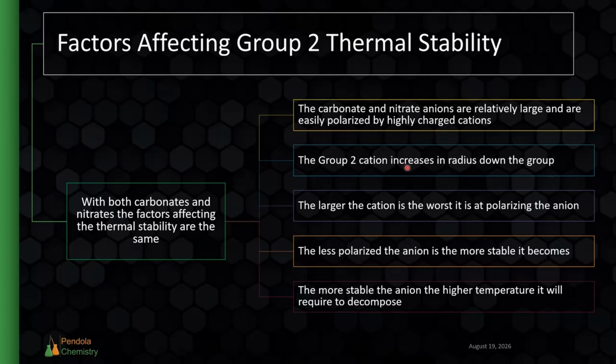The group 2 cations increase in radius as we go down the group, which is going to affect the polarizing power. The larger the cation is, the worse it is at polarizing the anion, the lower its polarizing power. The less polarized the anion is, the more stable it becomes, and therefore the more stable the anion is, the higher the temperature it will require to decompose that carbonate or nitrate into its products of the decomposition reaction.